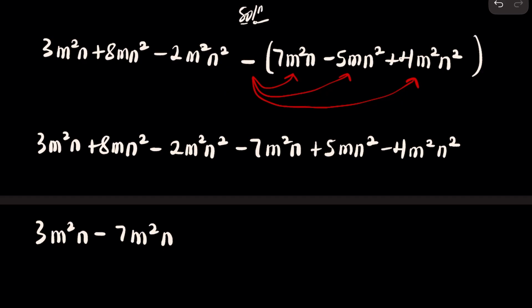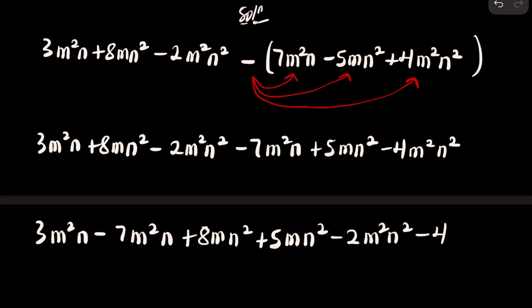We also have mn squared, so we're going to have plus 8mn squared plus 5mn squared. Now lastly, we have m squared n squared. We also have m squared n squared, so that will be minus 2m squared n squared minus 4m squared n squared. So we've been able to group all the like terms.